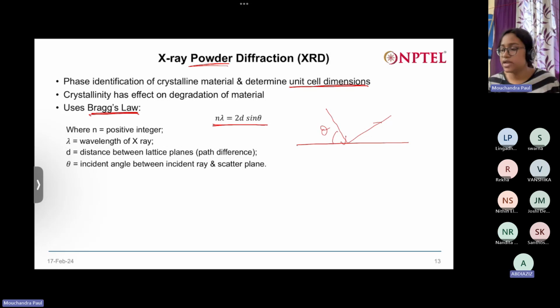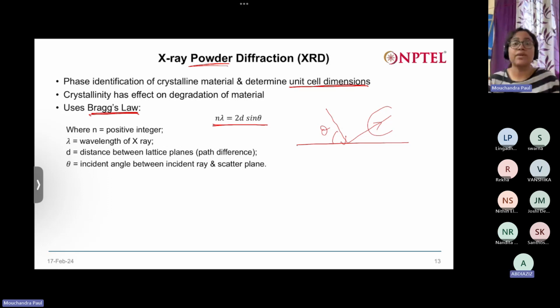When it reflects, the nature of the sample determines the quality of this reflected light. This reflected light is taken by the detector of the machine, and it measures the intensity of that reflected light.